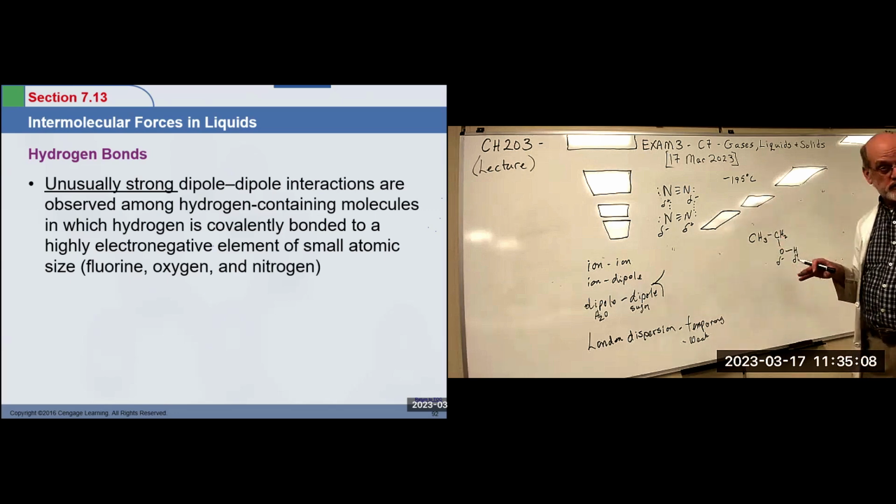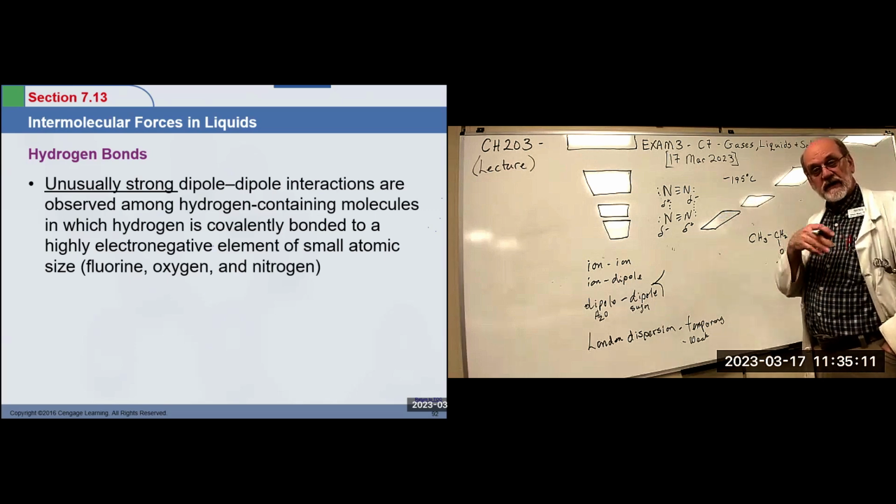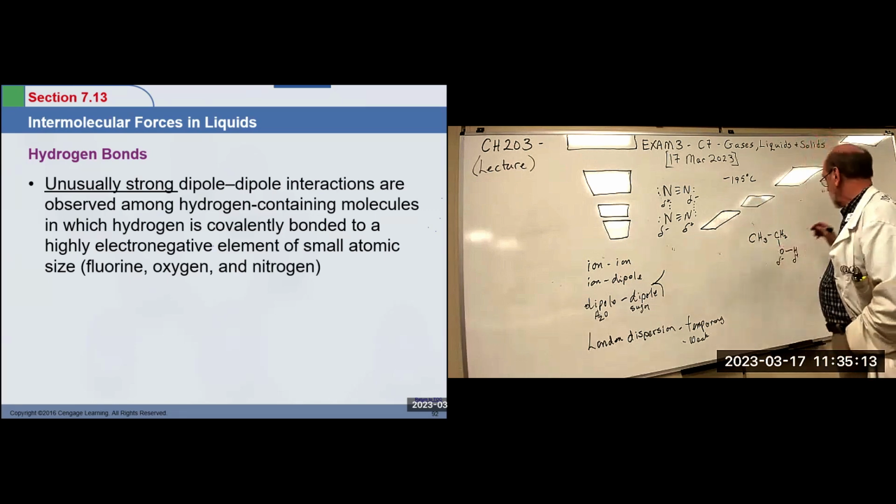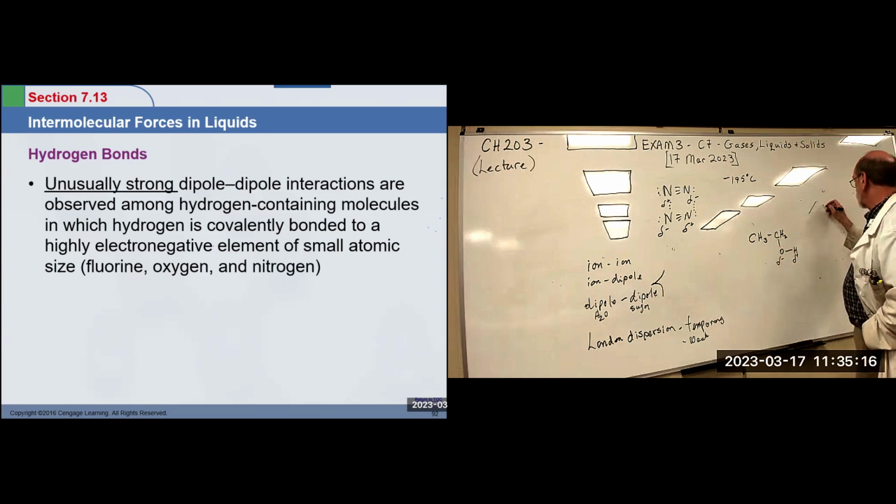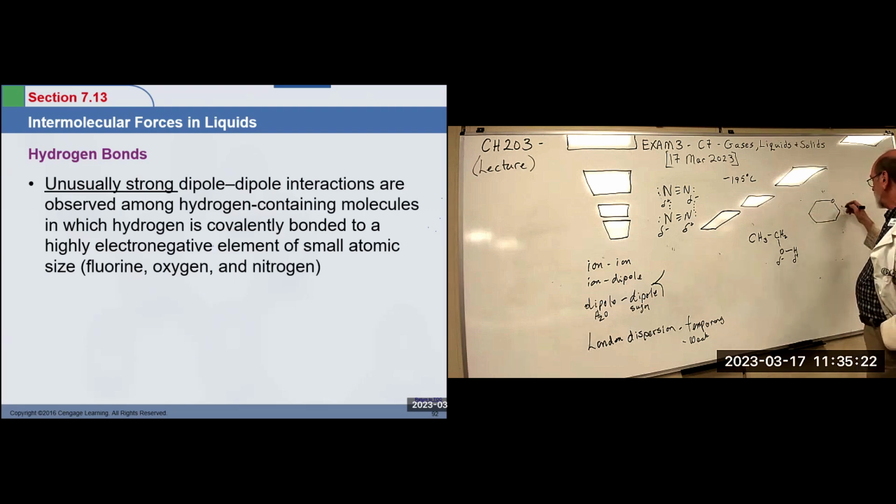For instance, glucose, right, that circulates in your blood to deliver energy to different cells, is shaped like this, right? It's a hexagonal shape. So you've got a hydrogen bond here. You have the potential for more hydrogen bonds here, like that.